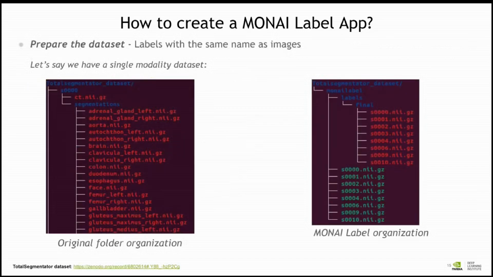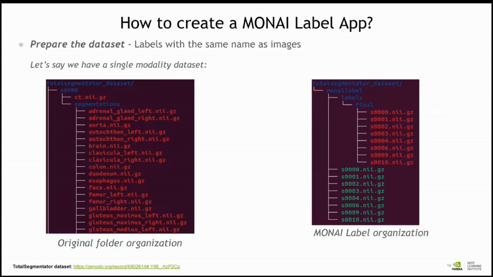Second step is to organize the data set. So this is an example for radiology. MONAI Label uses a defined, say, folder structure. And here I'm showing you a folder structure for the whole body CT segmentation model using the TotalSegmentator dataset.